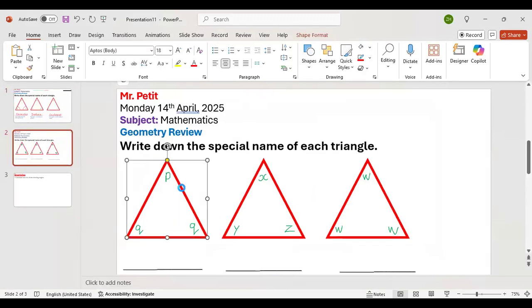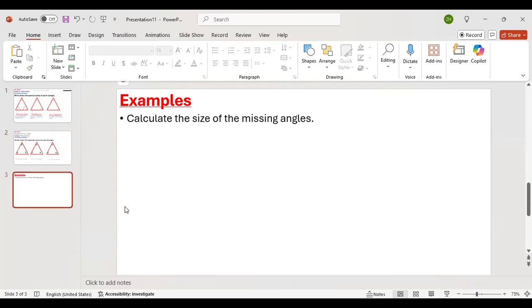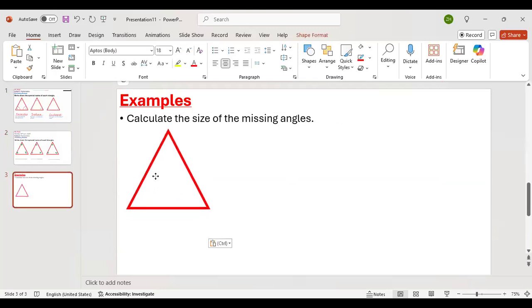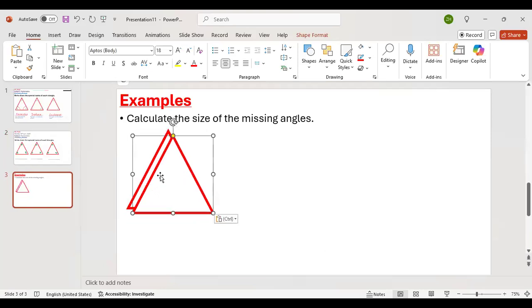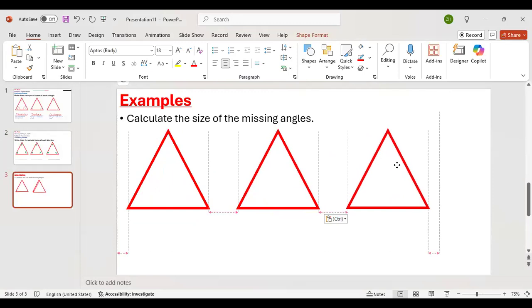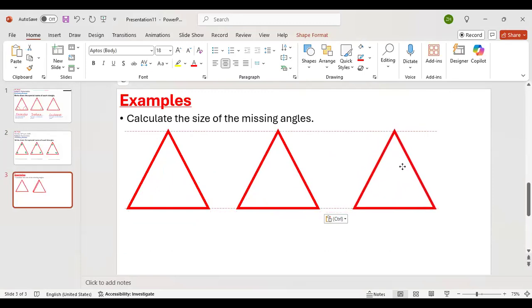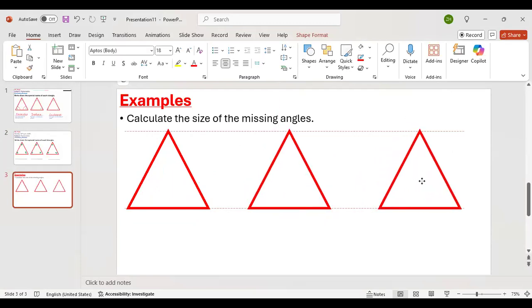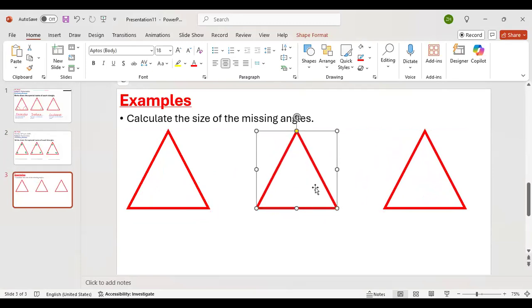All right, so the first one, let me grab my triangle again. So I have this triangle. Good.